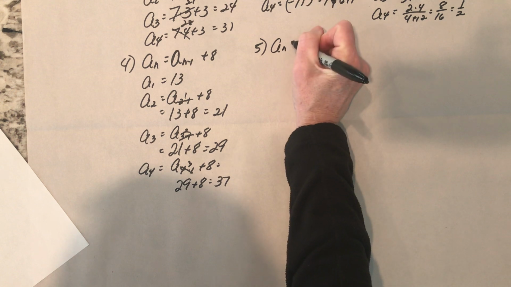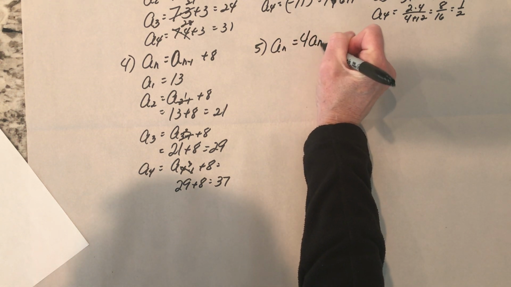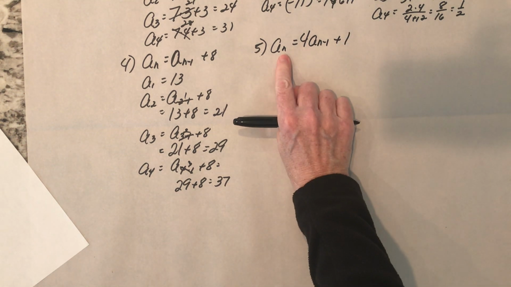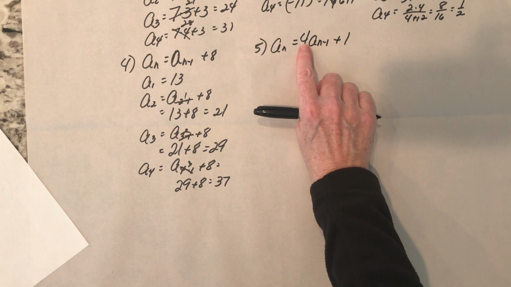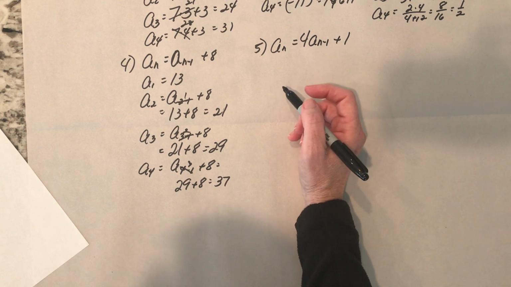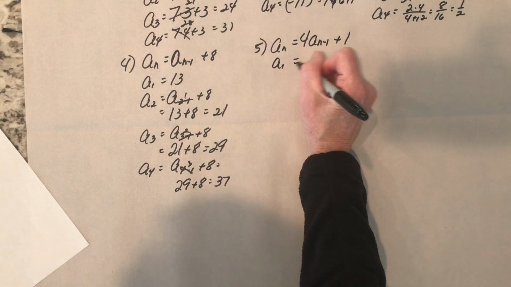Number 5. The recursive formula, which depends on you then being able to go back and grab the previous answer, looks like that. For any particular number we need, we're going to have to go grab the previous answer, multiply it times 4, and add 1. When you're looking at a sub 1, there is no previous answer, so they have to spot you that one.